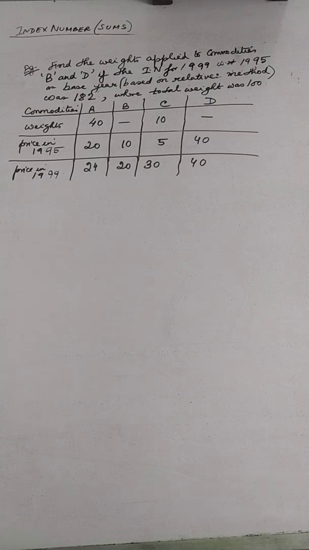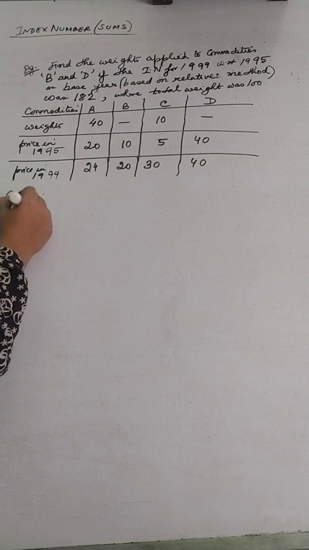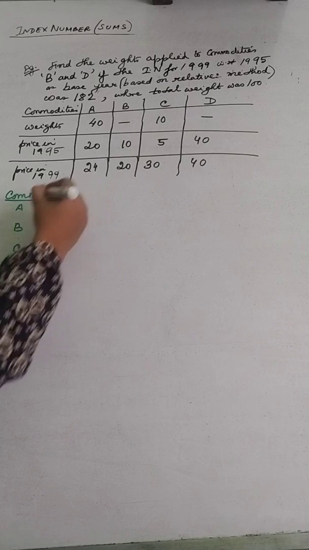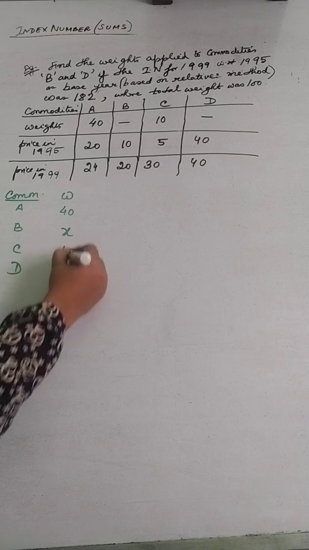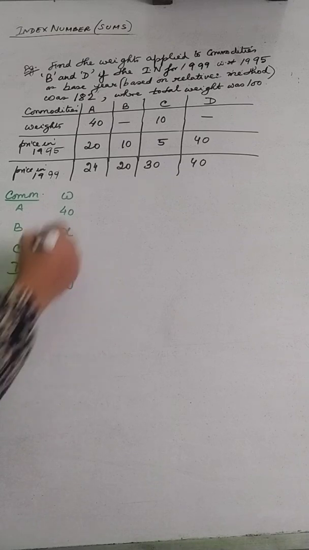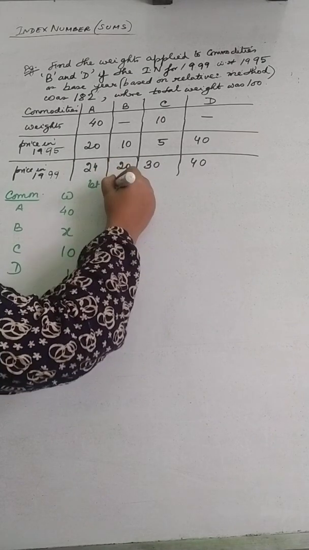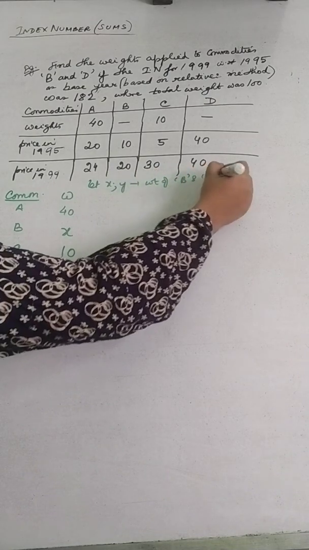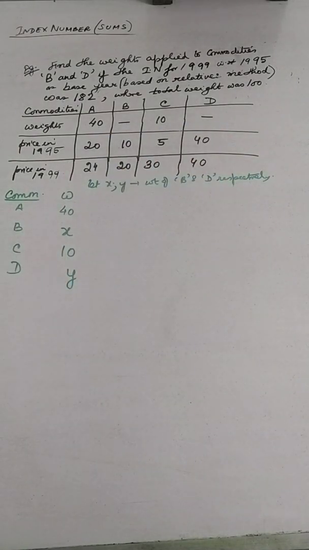So we'll make a table, that is commodities, COM, A, B, C, D. Weights, W, it is 40, it's not known, let's write X over here, it's 10 over here, Y over here, where let X, Y be the weights of B and D respectively. We mentioned that in the beginning itself. So this is your W.